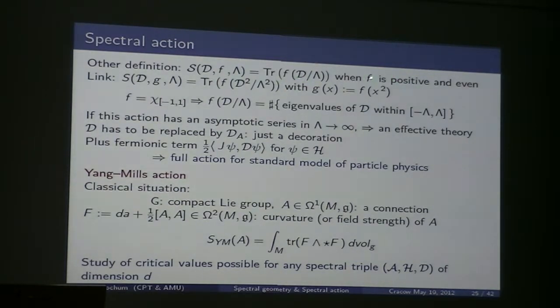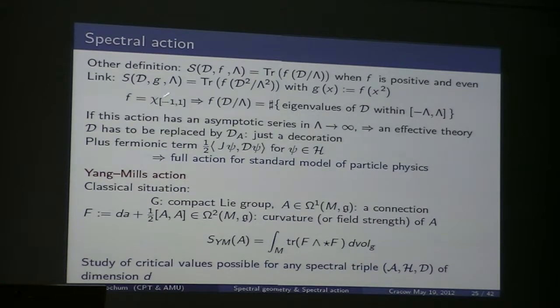Here you have to assume that f is positive and even, and the link between the two is of course that you replace a function f of x by f of x squared. So it's a kind of transformation which is up to you. Anyway, I prefer to work with D squared because D squared looks like a scalar operator. So it's better.